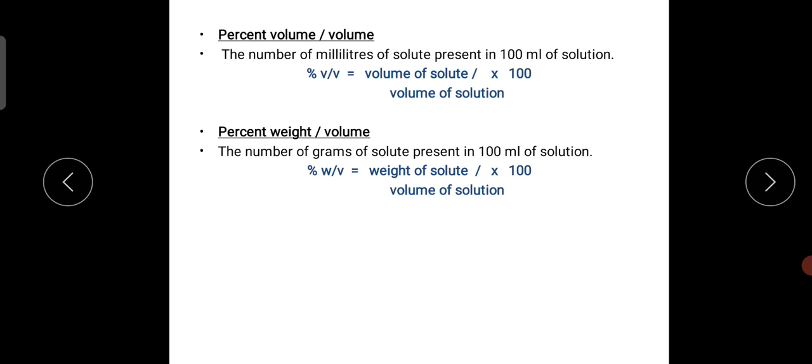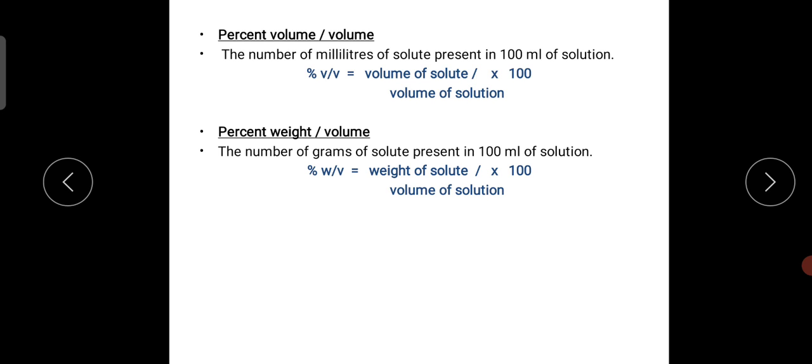The formula is volume of the solute divided by volume of the solution times 100. Next is percentage weight by volume. Weight means grams and volume means ml, so it is the number of grams of solute present in 100 ml of solution. That is weight of the solute divided by volume of the solution times 100.